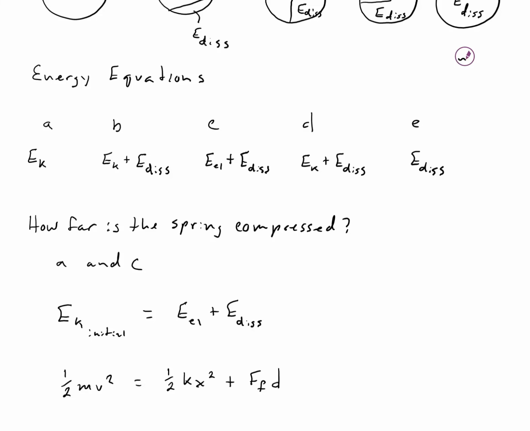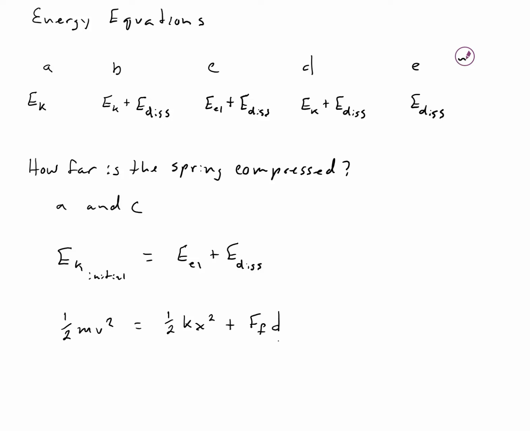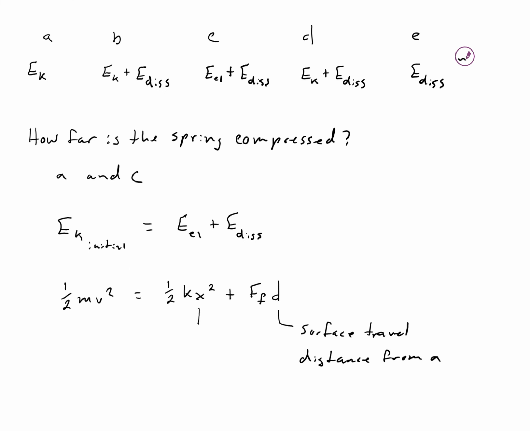I'll call it D, and so our D would be the surface travel distance from A. X is just going to be spring compression. And then you'd have to know force of friction, spring constant, initial velocity, and mass, and then you'd be able to solve for whichever one of those you didn't know.